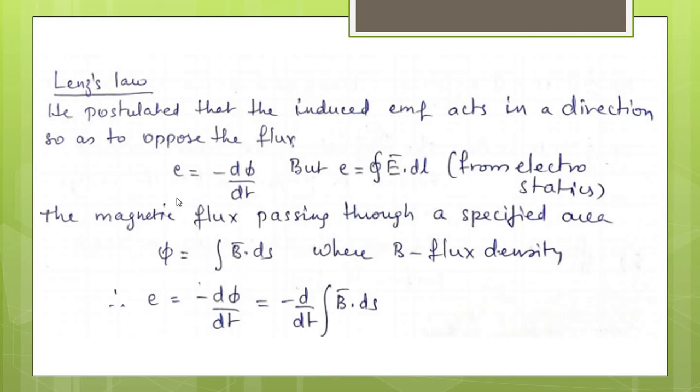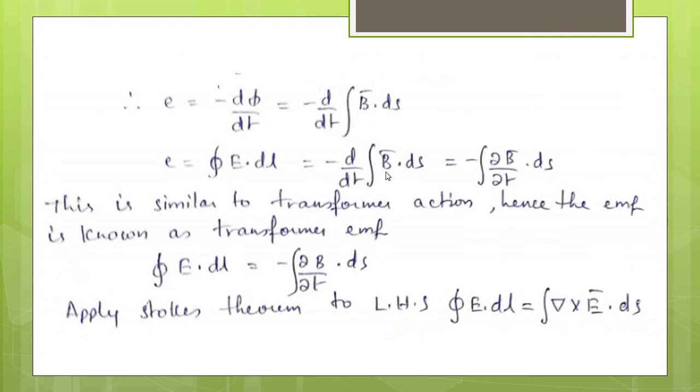So in the equation E is equal to minus d phi by dt, in place of phi we can substitute integral B dot ds. Therefore we get E is equal to minus d by dt integral B dot ds. If you take this d by dt inside the integral, we can write this as a partial derivative.